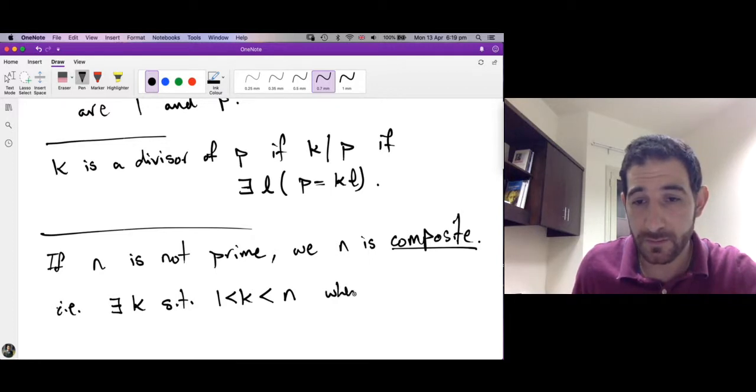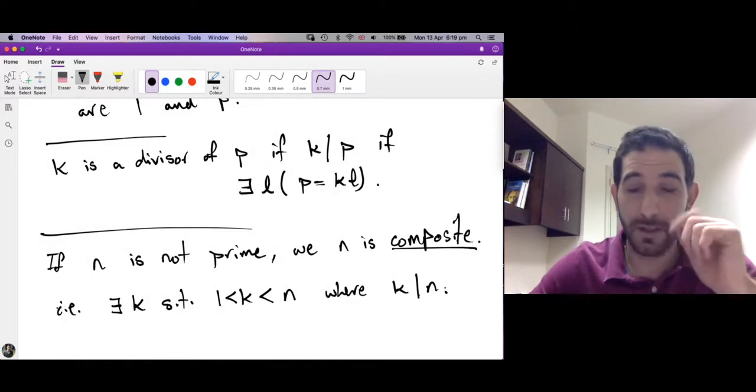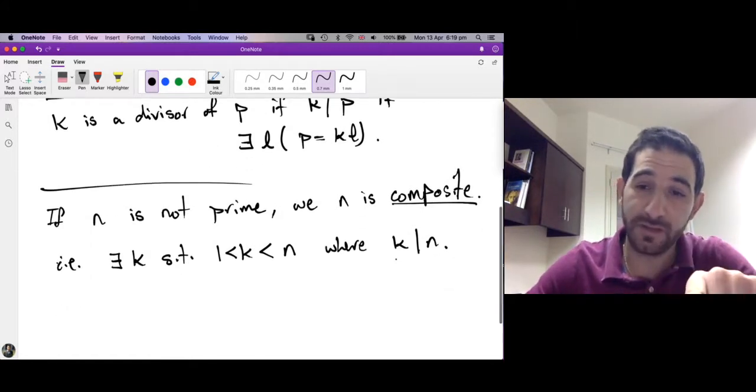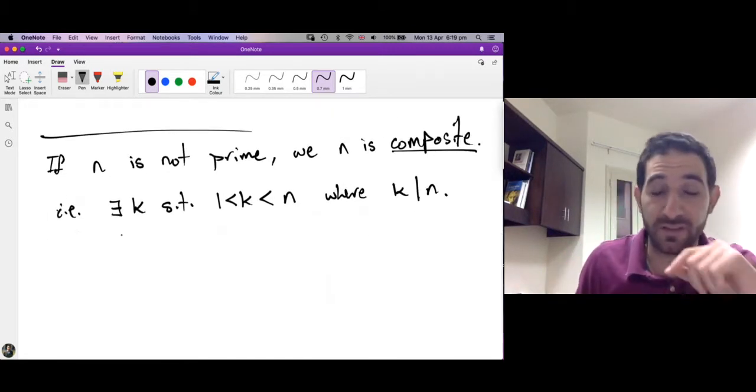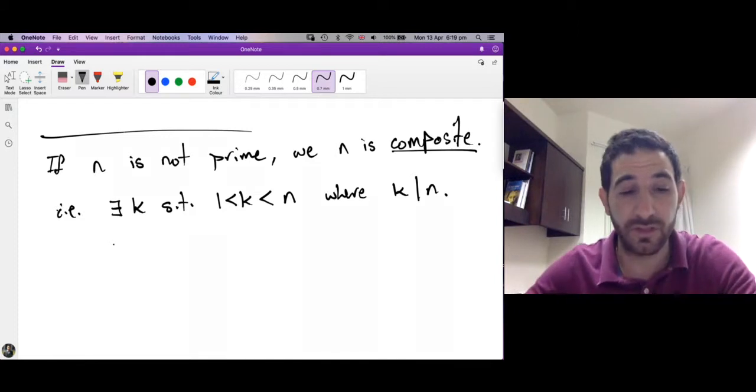where k divides n. Okay, moreover, what does it mean that k divides n? It means that n is equal to k times L. And in this case L should also be between 1 and n.